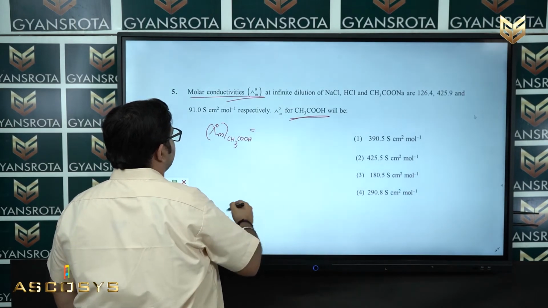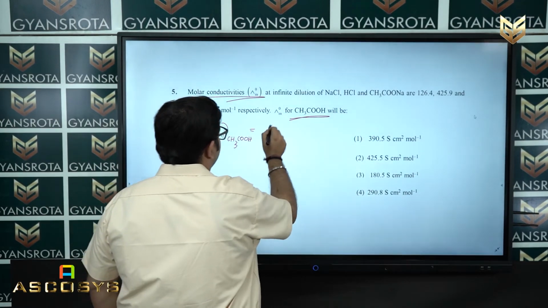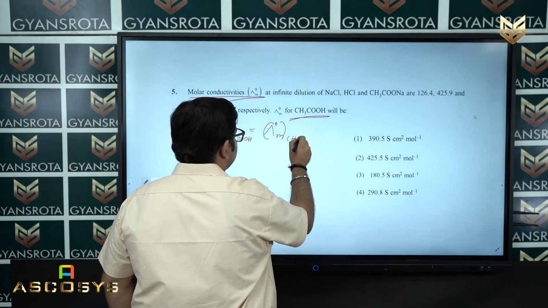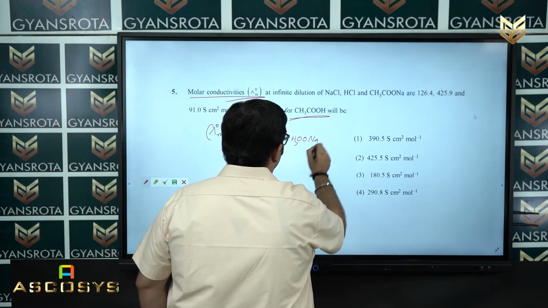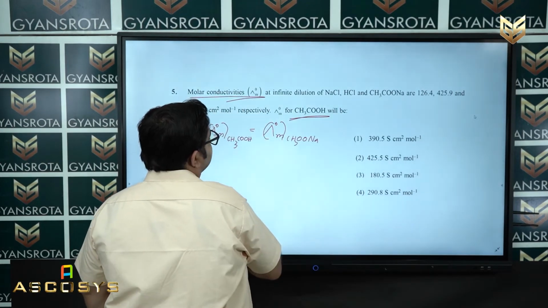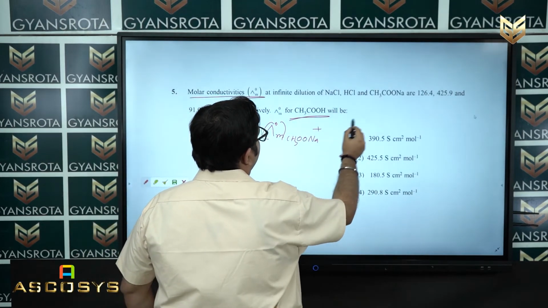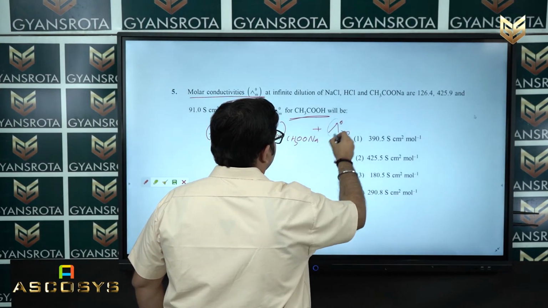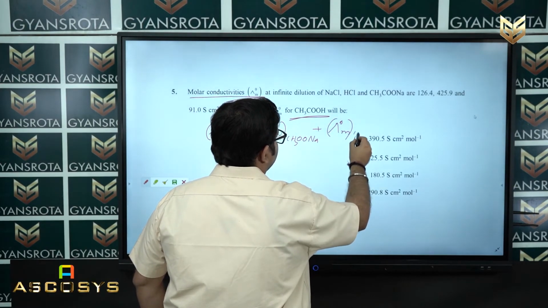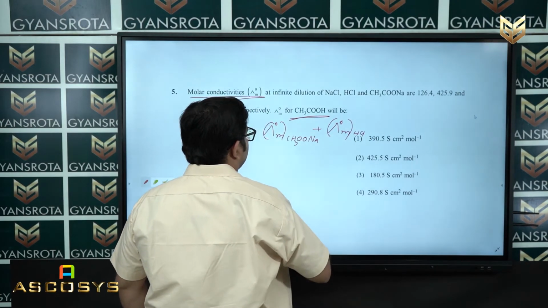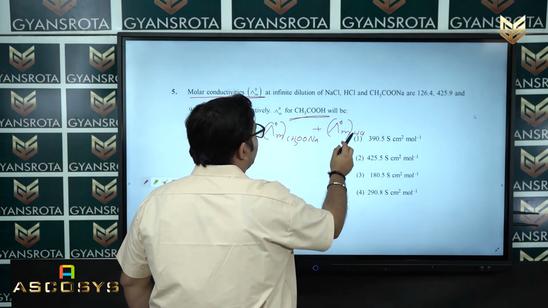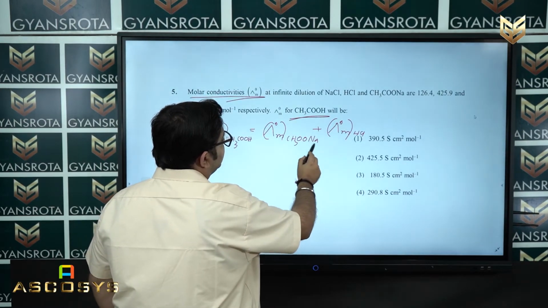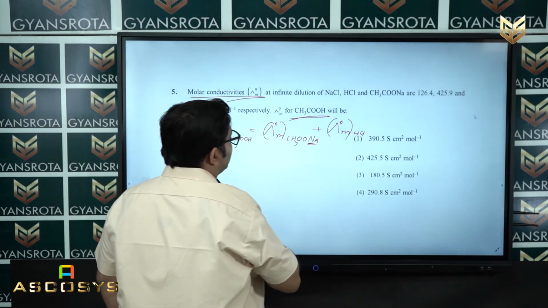The values given are for CH3COONa, but we require CH3COOH. Now, the value is also given for HCl. Again, CH3COONa plus HCl will give you CH3COOH, but we have to remove the Na+ and Cl- part.